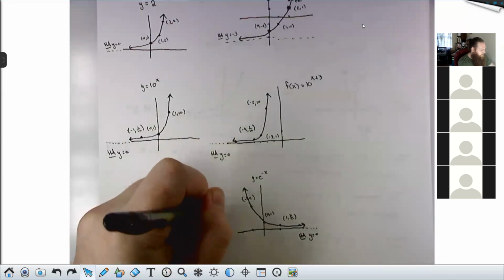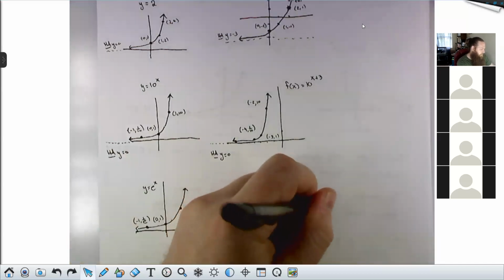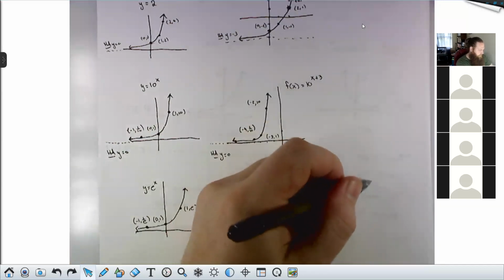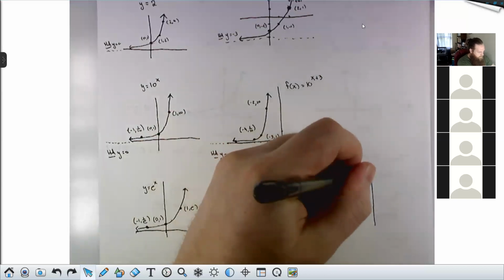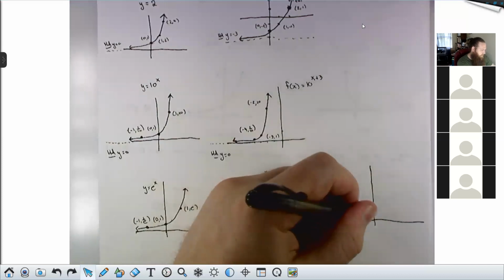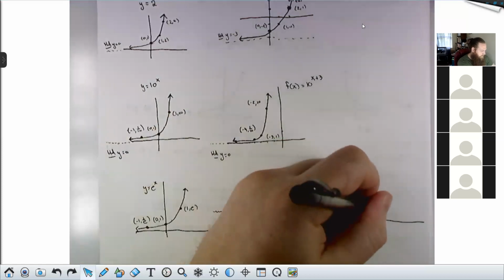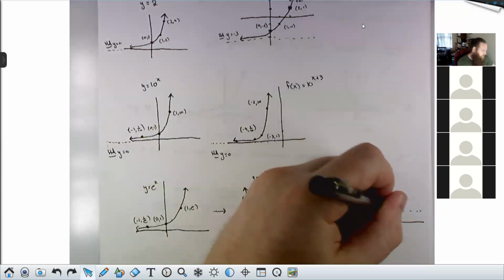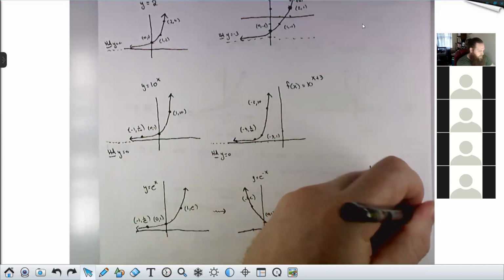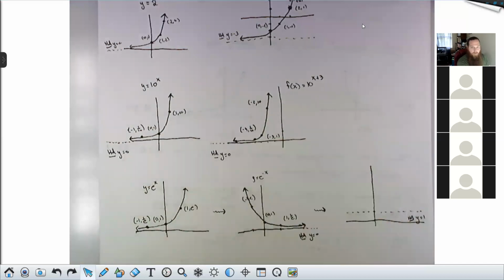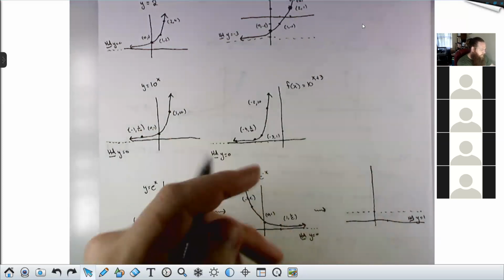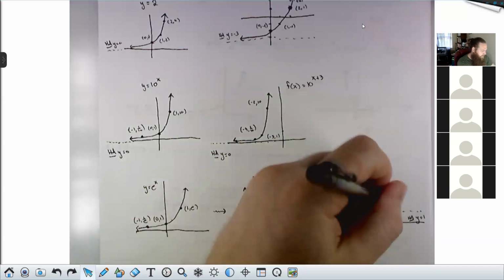And then my very final step would be to bump everything up by 1 unit. So here's the line y equals 1. That's going to serve as my new horizontal asymptote. The point 1, 1 over e is going to get bumped up to 1, 1 over e plus 1, or 1 plus 1 over e.